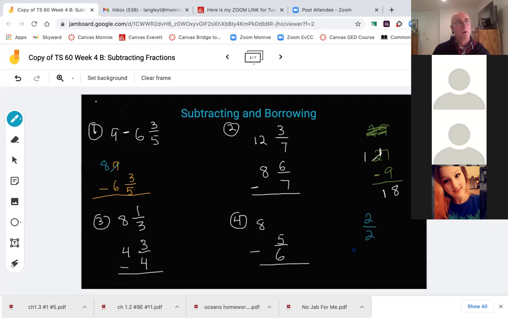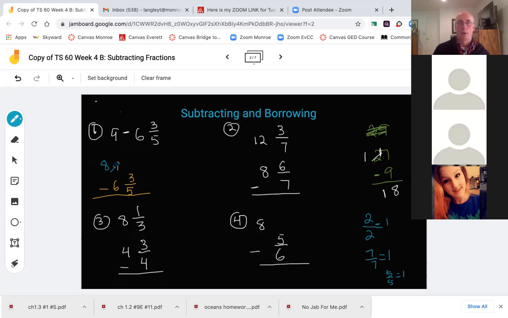You might remember, oh yeah, Tim said that anything on top of itself equals 1. 2 out of 2 pieces is the whole pizza. That equals 1. 7 out of 7 equals 1. 5/5 is the same as 1. Do you guys have the idea here? Anything on top of itself is the same as the number 1.